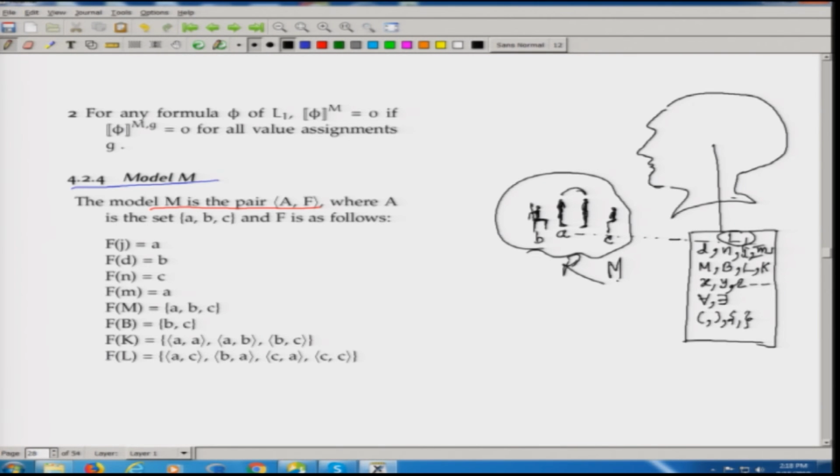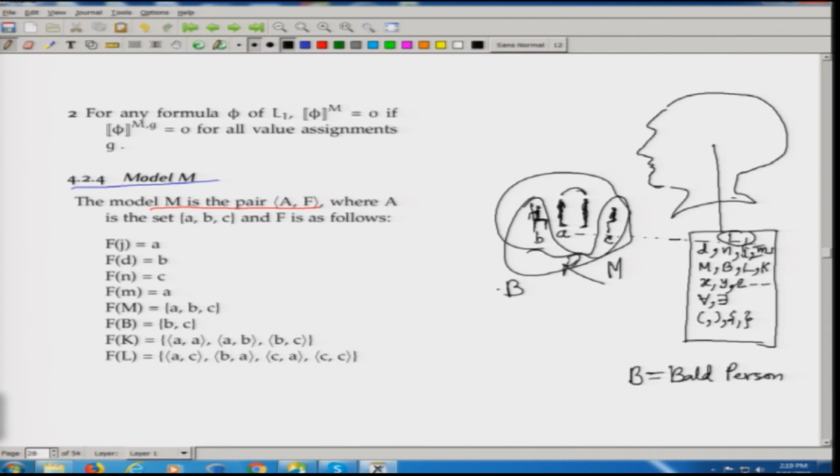So, we reinterpret B as bald person, and then B and C are bald.